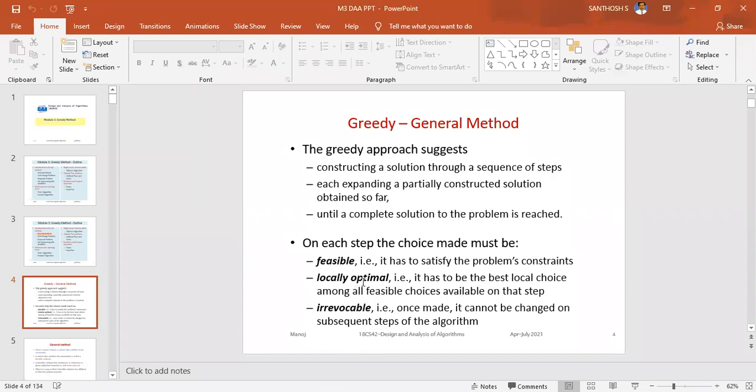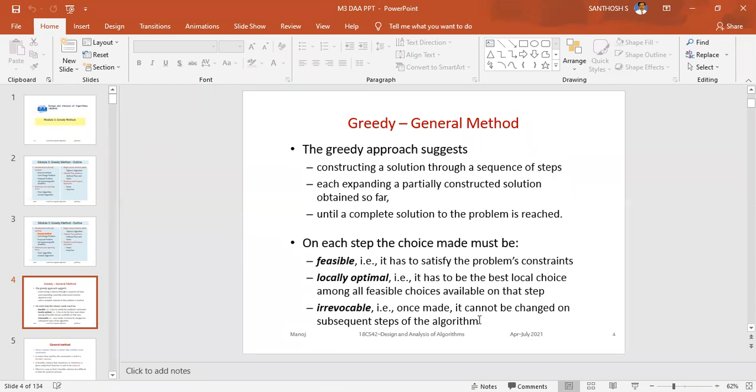Optimal means the best solution. Third, irrevocable. Irrevocable means once made, it cannot be changed on subsequent steps of the algorithm.